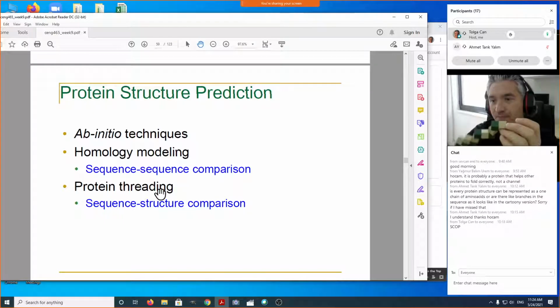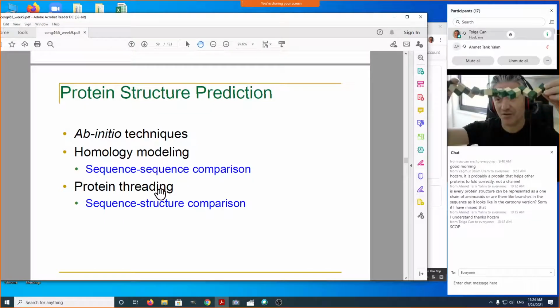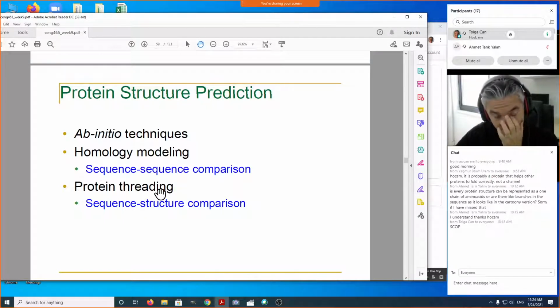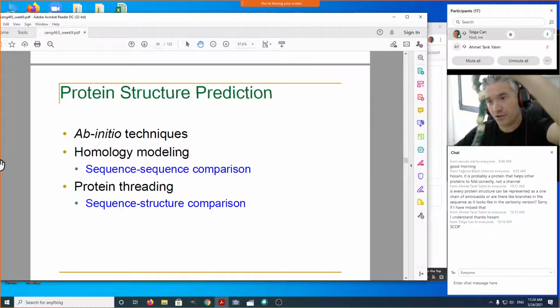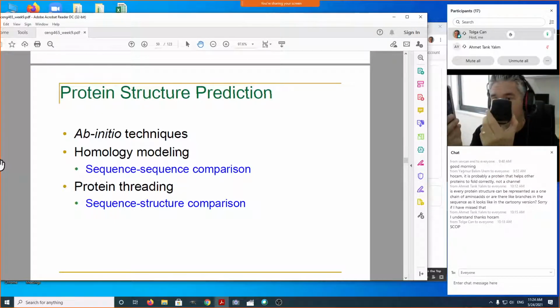But here's the protein threading method. We have a sequence. It has no sequence similarity to any of the known sequences. But imagine we have a library of known protein shapes. If somebody tells you that this chain is going to be either this shape, or this shape, so they have different shapes, or maybe this shape, which is like a linear pen shape, or maybe another one.